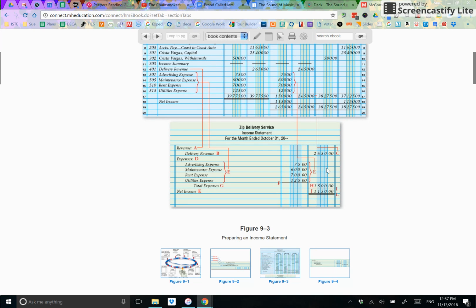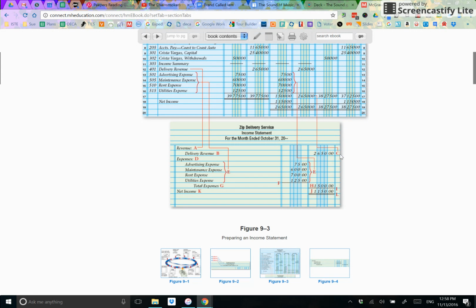Debit's on the left, credit's on the right. This now is a subtotal on the left and a total on the right for all financial statements. So since we only have one revenue account, it would go on the total side.